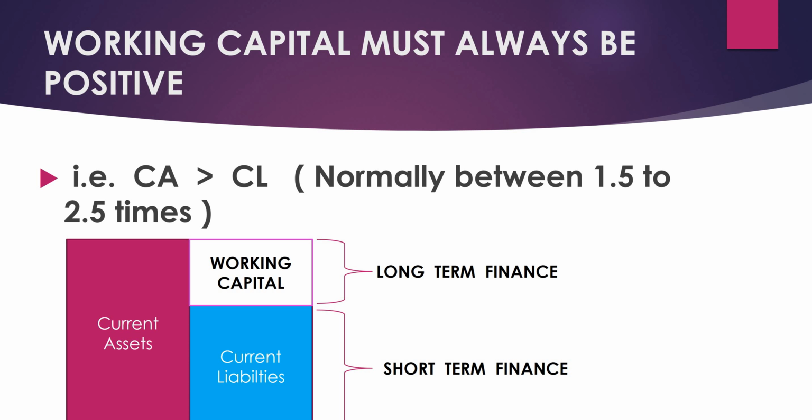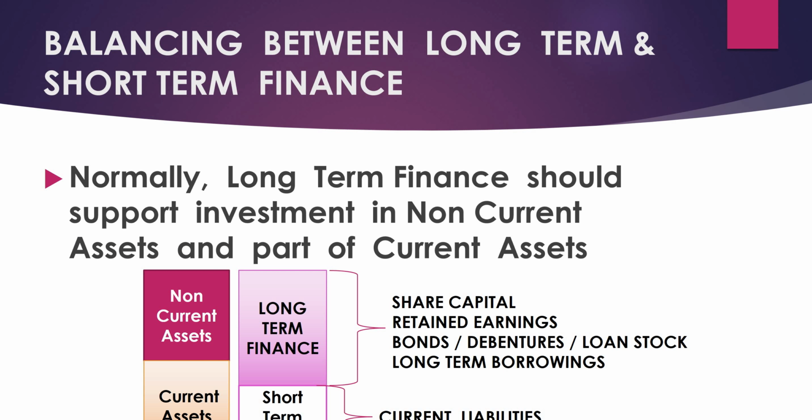So the wisdom here is that if you have some long-term finance financing your current assets, your ability to meet liabilities in the short term and the sustainability of the business in the long term is well assured. So long-term finance, once again, should be used to support investment in non-current assets and part of current assets.